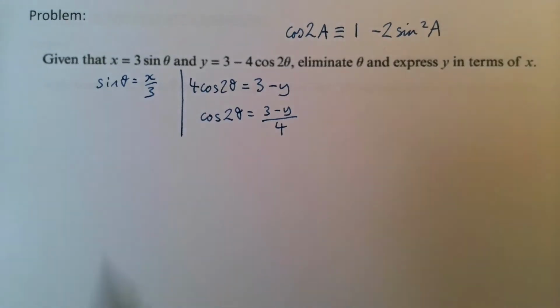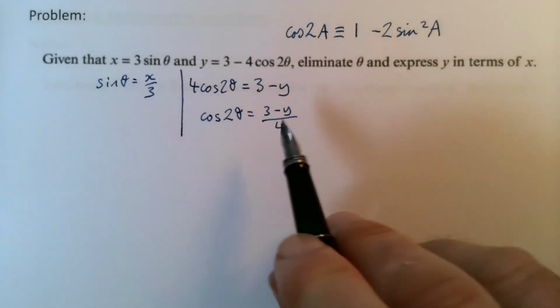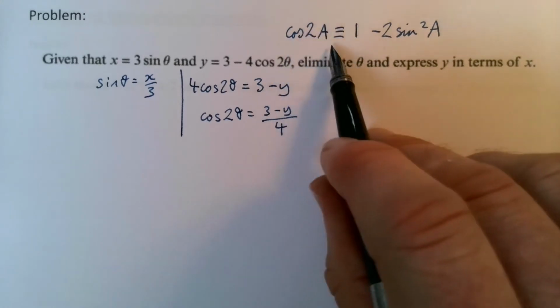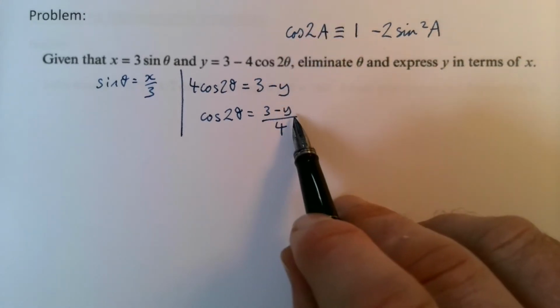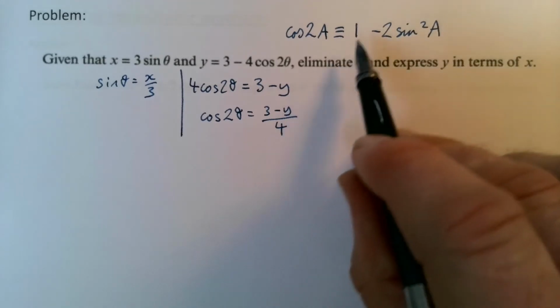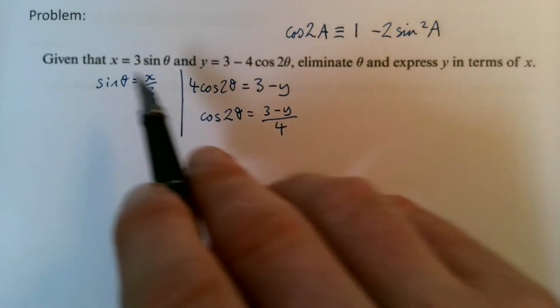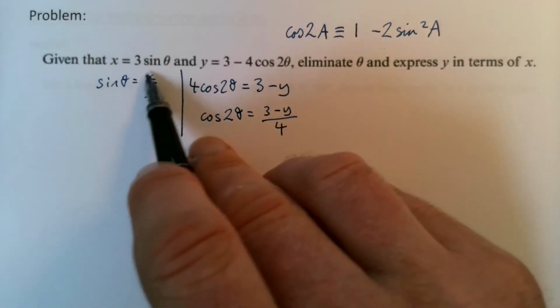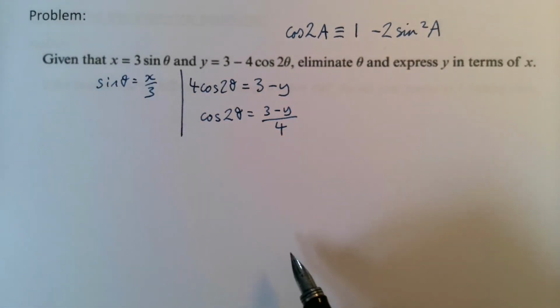So now that I know that, I can say that this cos 2 theta, which is 3 minus y over 4, is going to be equal to 1 take 2 of that squared, which is x over 3, if you follow me.